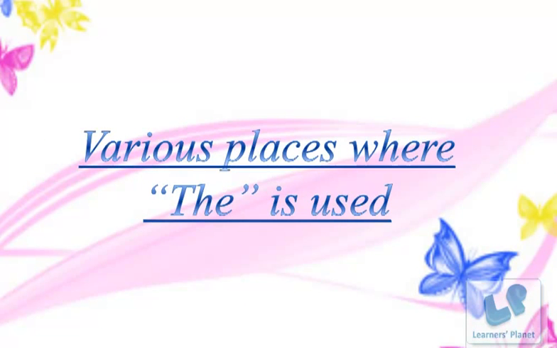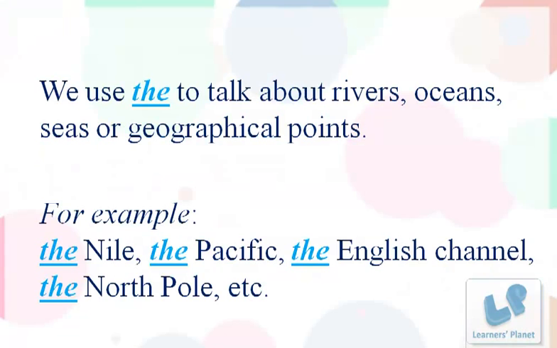Now friends, we will discuss the various places where the is used. So let us see where the is used. We use the to talk about rivers, oceans, seas, or other geographical points. This would include any geographical points. It could be mountains, plateaus, hills, etc. So let us take some examples of these geographical points.